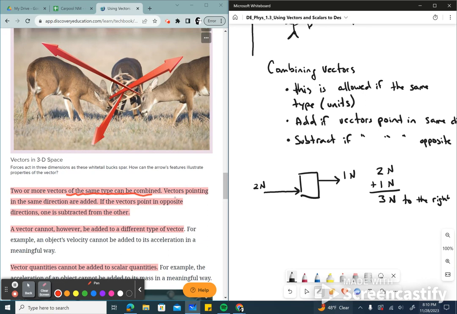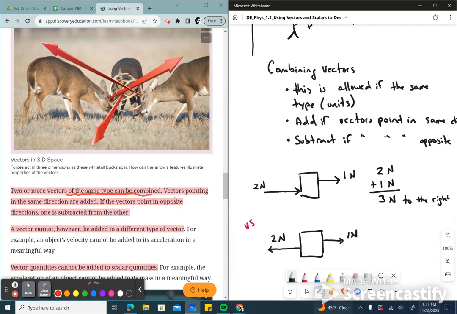Now, versus, if I have this situation where I have, we'll say 1 Newton, but this time I have 2 Newtons to the left. These are in opposite directions, so I have to subtract them.